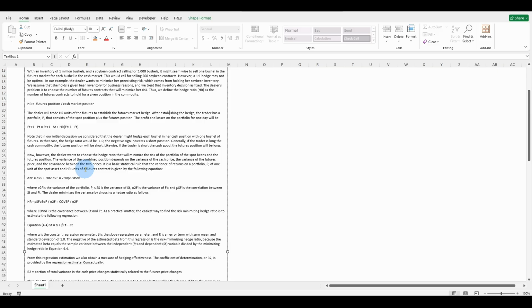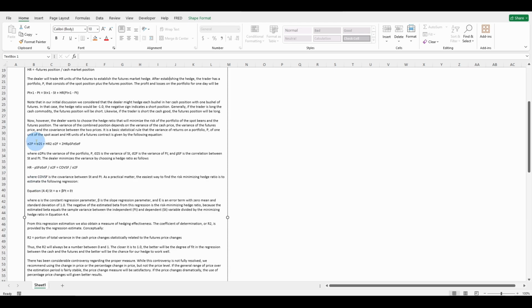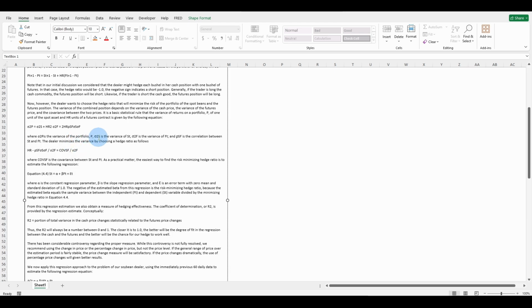It is a basic statistical rule that the variance of returns on a portfolio P of 1 unit of the spot asset and HR units of the futures contract is given by the following equation. We went through this: the variance of S(t), the variance of F(t) squared, and rho_SF, the correlation between S(t) and F(t).